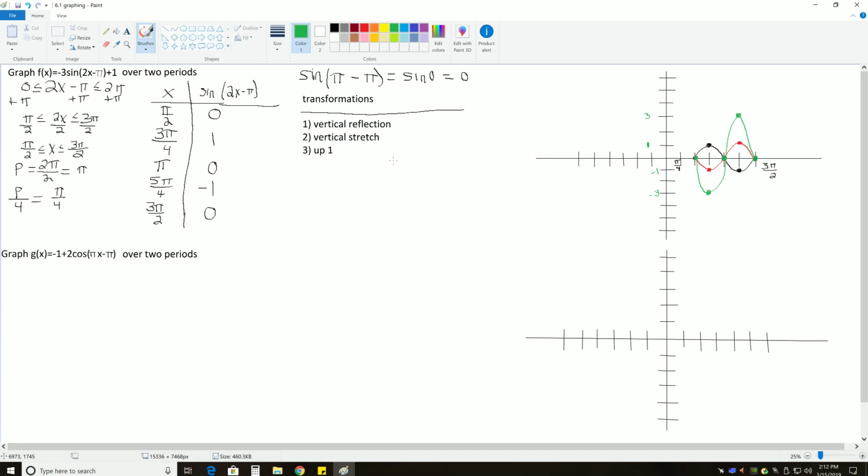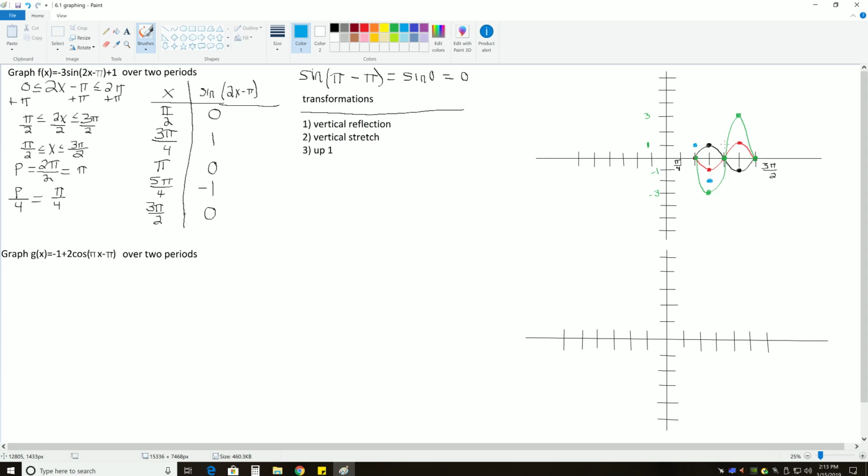Okay, and now we have one last transformation to take care of, and it's that up 1. So we're going to take this entire green graph and shift it all up a value of 1 on the y-axis. So my final graph is going to be in blue. So this point in green is now going to move up 1 here. This valley is going to move up 1 to here.